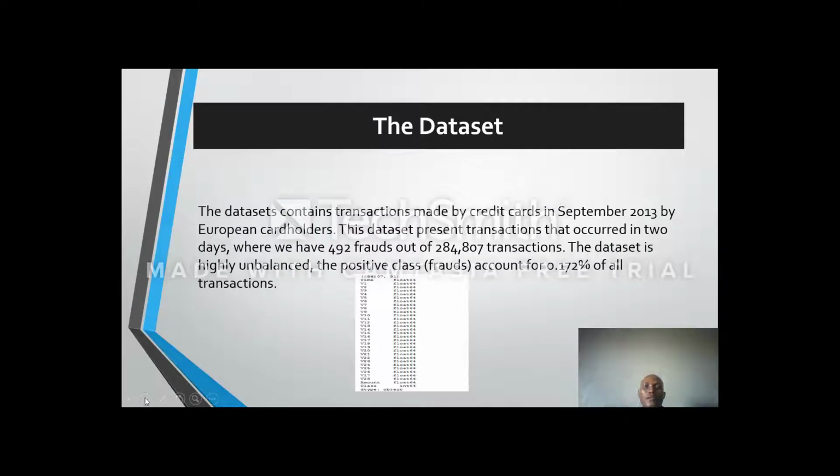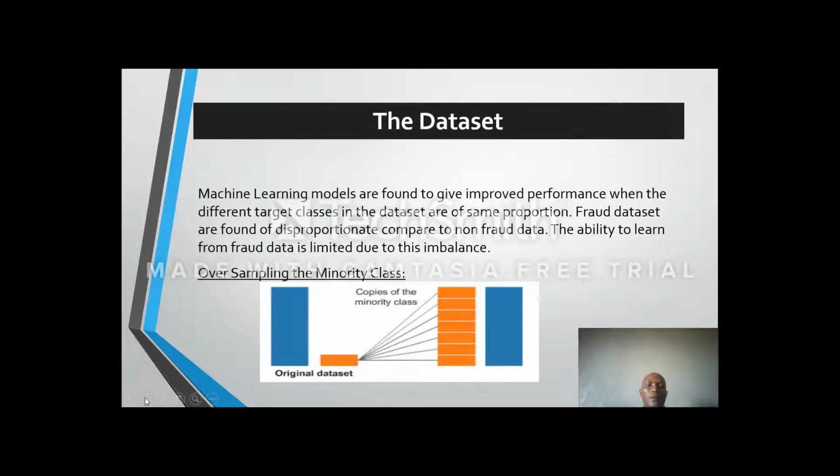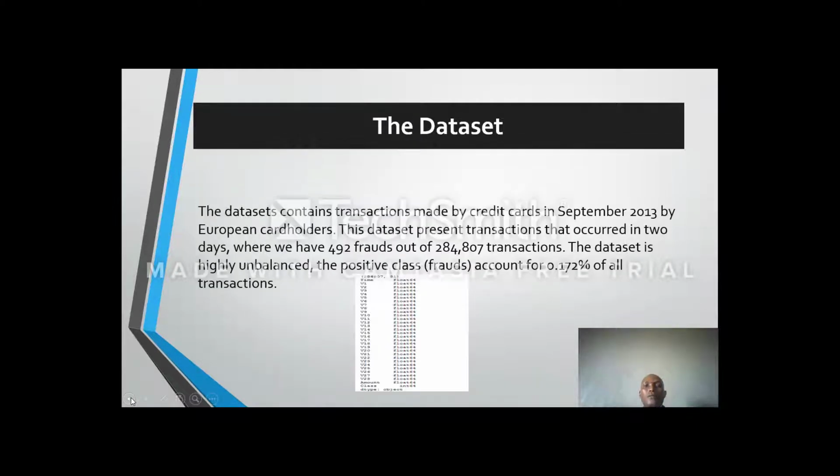The data set for this project was sourced from a previous project which was conducted in September 2013, to be precise.